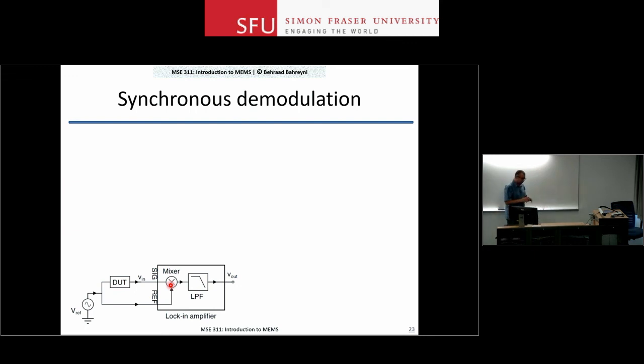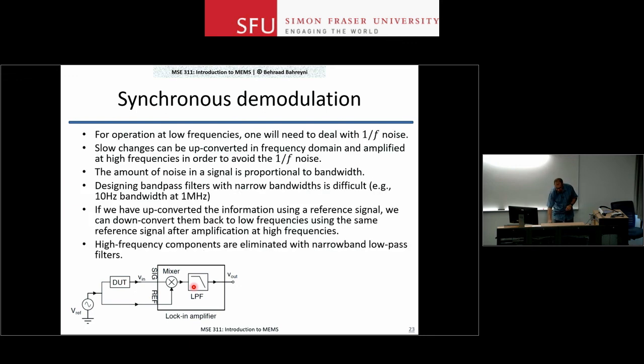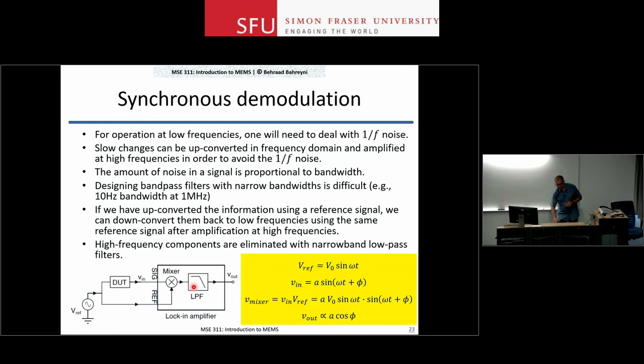So what happens at the output of that mixer, you have a sine wave through the top branch, you have another sine wave through the bottom branch. You get two components here. You get sine omega t squared, so you will have, let me see if I have the equations. You have Vref sine omega t, this is your input signal. This is the signal after your device under test.